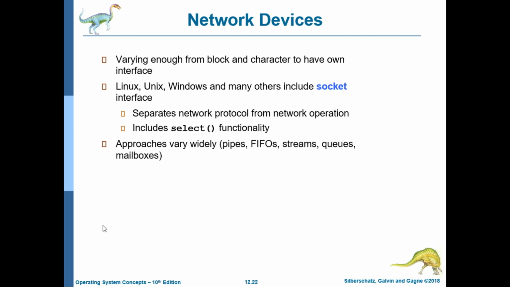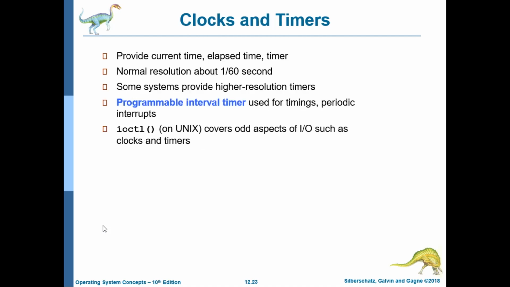Linux, Unix, Windows, and many others include a socket interface. A socket is an interface for network I/O. It separates network protocol from network operation, and it includes select functionality. Approaches vary widely: for network devices, we have pipes, FIFOs, streams, queues, and mailboxes.